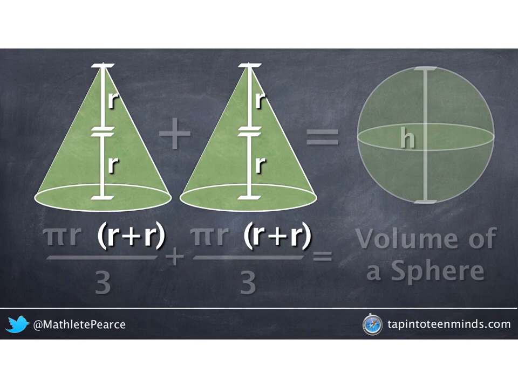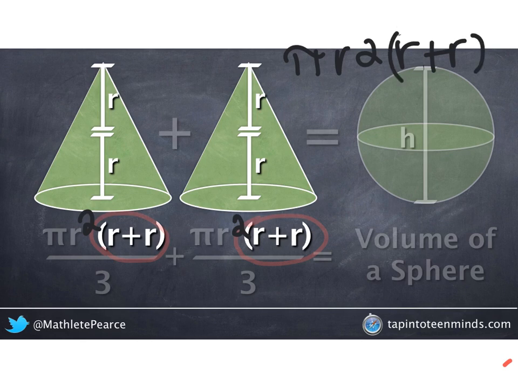Remember, here is where the height went in the formula for the cone's volume. Additionally, I see that the squared on my original radius fell off. So that's still pi r squared, because remember, we took that formula, pi r squared times the height, and we took out the height and put in r plus r because it's equivalent to the height.